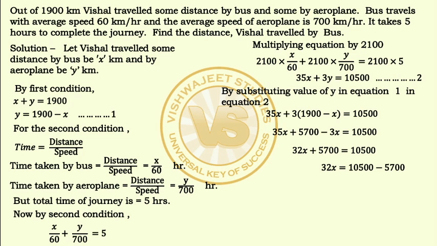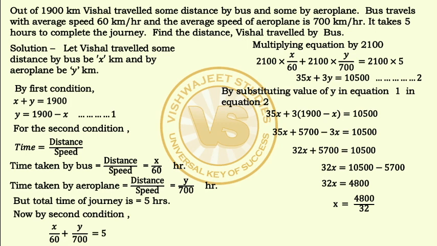5700, when it goes to the right hand side, it will subtract from 10,500. So 32x is equal to 10,500 minus 5,700. After subtraction, we get 32x is equal to 4,800.